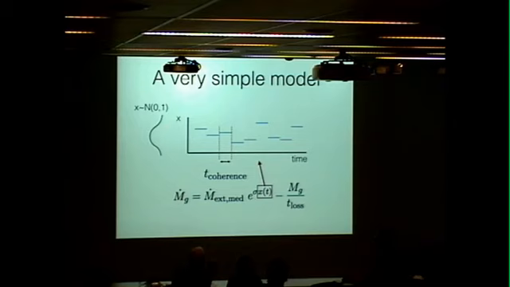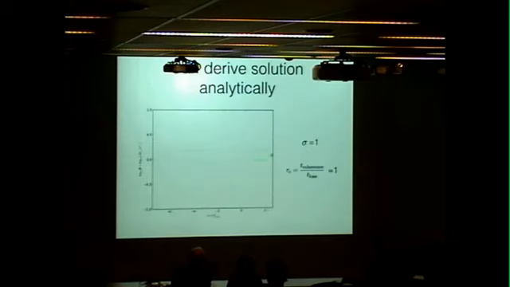We can derive a solution to this equation analytically, and it depends only on 2 dimensionless numbers, sigma and the ratio of those 2 timescales I've defined. And here's how the galaxy behaves. On the y-axis, I'm showing you the star formation rate, and on the x-axis, I'm showing you time. These dashed lines are where new values of the accretion rate are drawn.